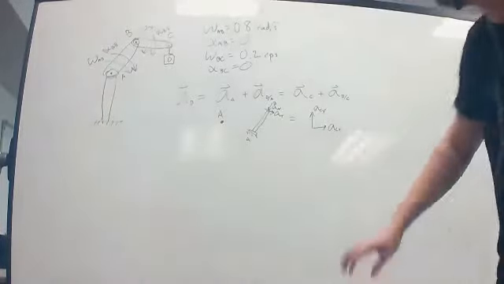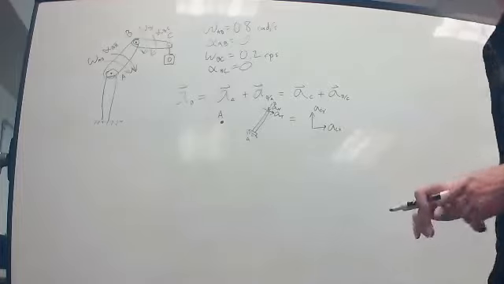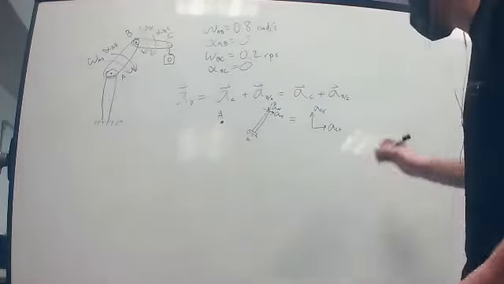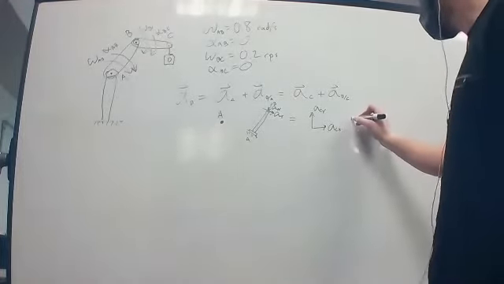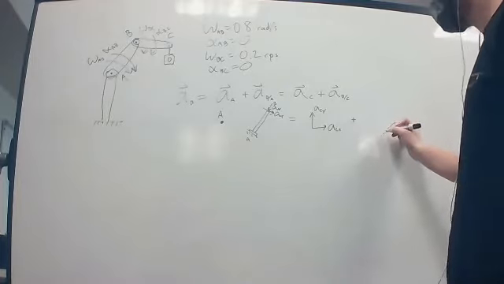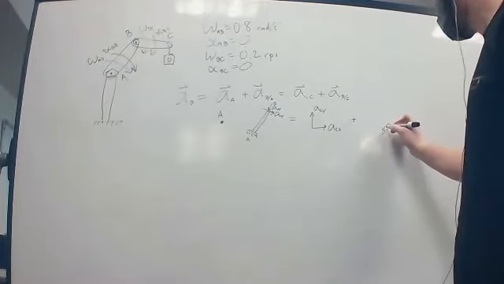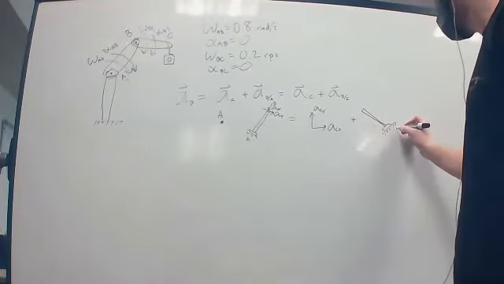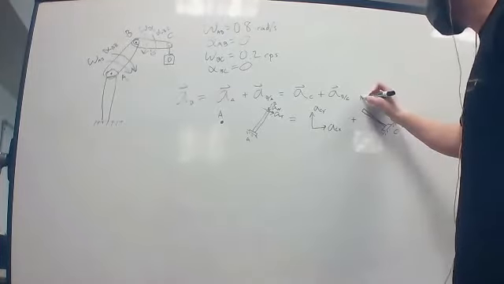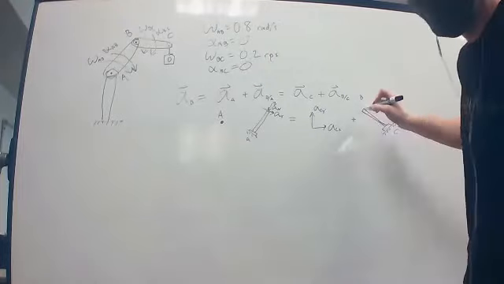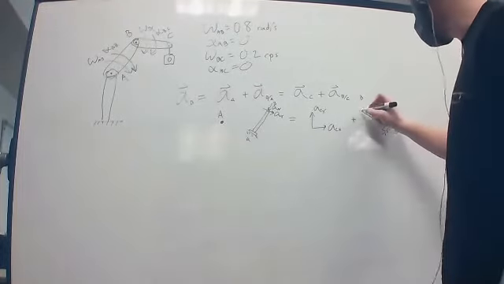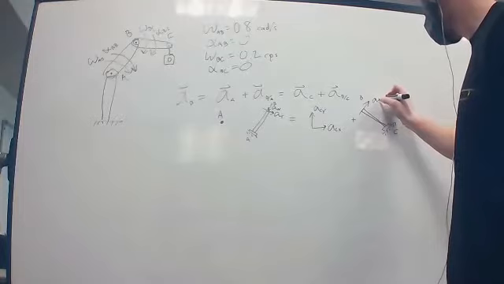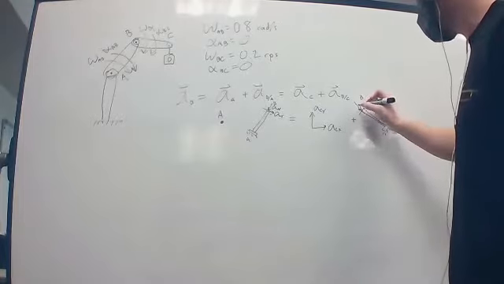We can then move over to B relative to C, where we treat C as a fixed point. So we're going to say plus, where this side is C, this side is B. And there is an AT and an AN.